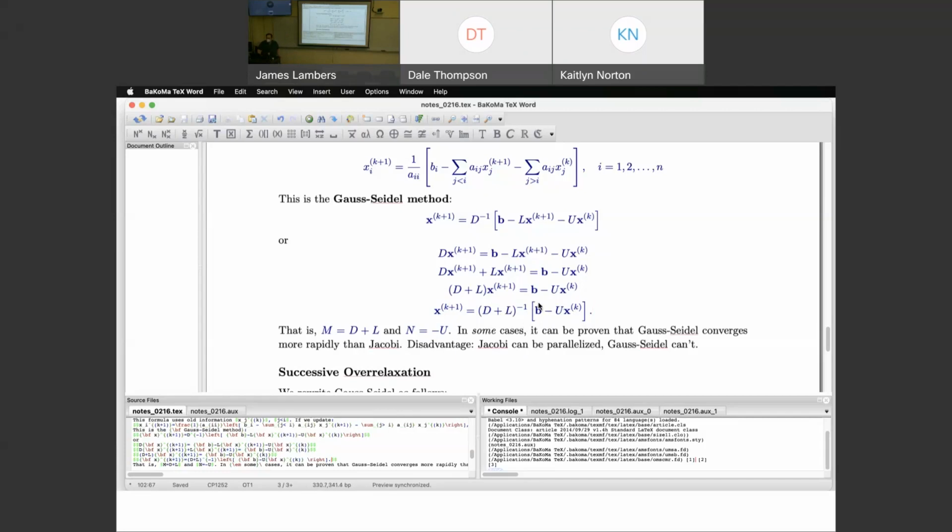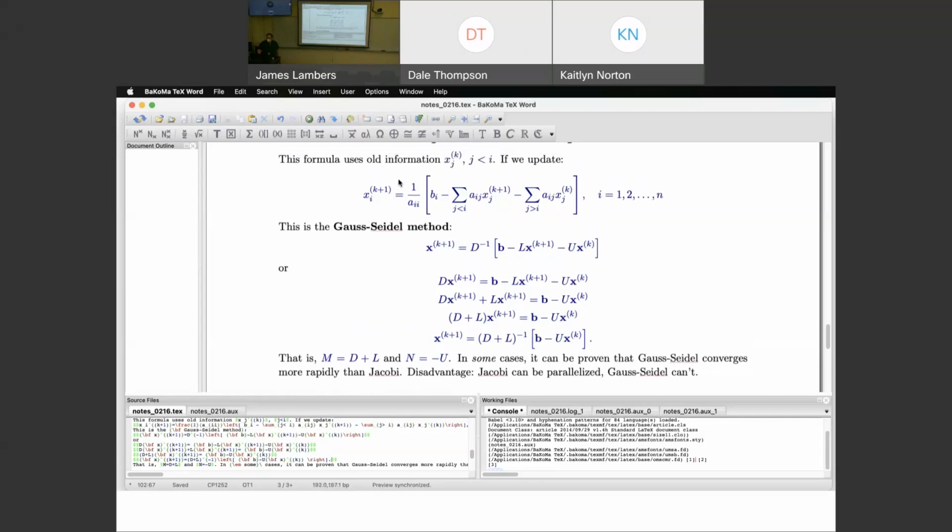Also, because of the way Gauss-Seidel is written here, in order to compute component i of a new x, I need components 1 through i minus 1 of the new x. In other words, I cannot parallelize. Whereas with Jacobi, you may be using old information, but that independence of the computation for each component means that all the components of a new x can be computed in parallel. So there's definitely a trade-off here.